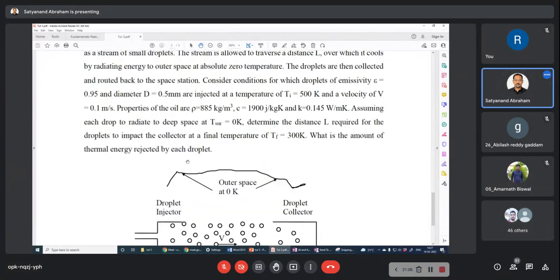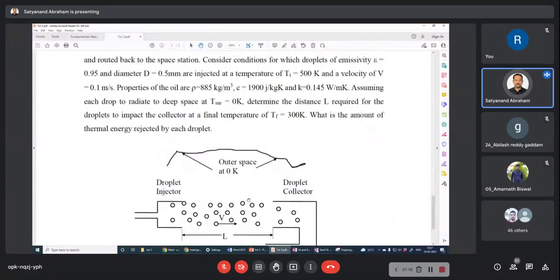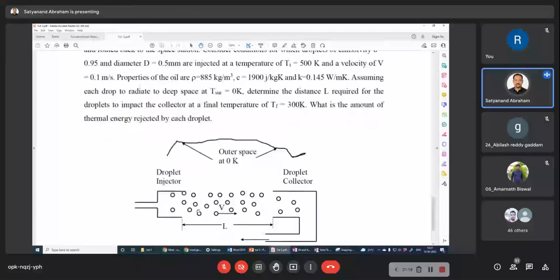Then it is asked what is the amount of thermal energy rejected by each droplet. From this itself, we can see that it is a transient problem, because we are talking about the reduction in temperature of a particular droplet over time. The temperature of each droplet mass is reducing from x equal to 0 to x equal to L, so this is a transient conduction problem.